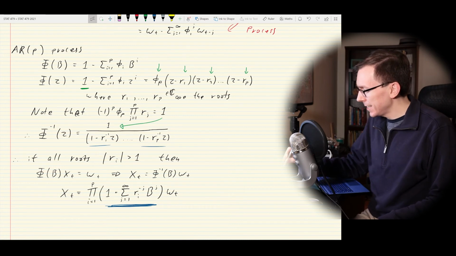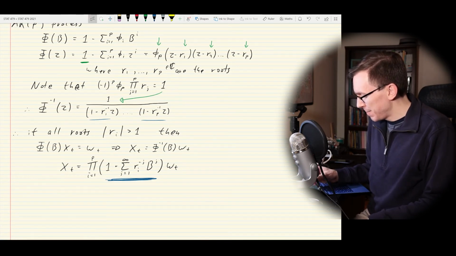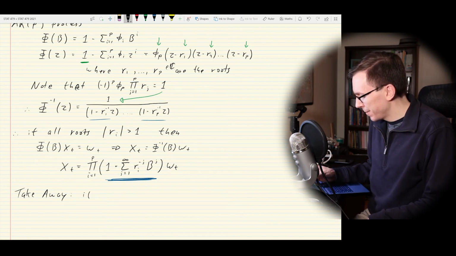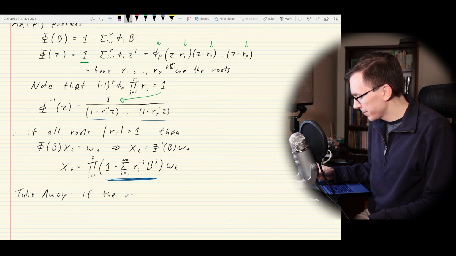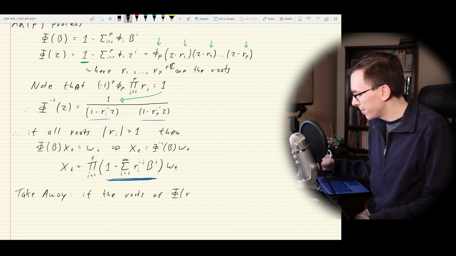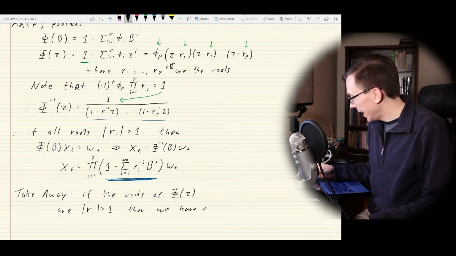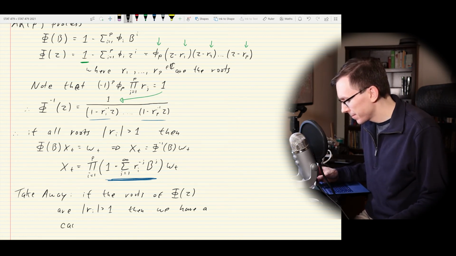Well, the main takeaway, besides all the fun with mathematics, is that if the roots of this polynomial phi of z, the roots r_i, are greater than 1 in magnitude, then we have a causal process, a causal AR process.